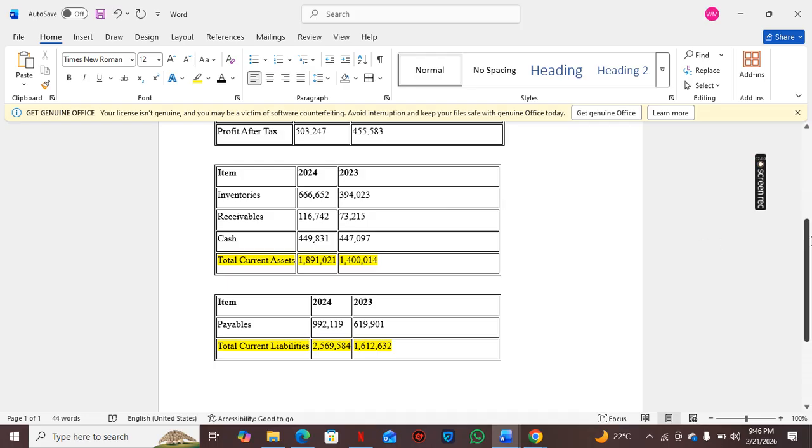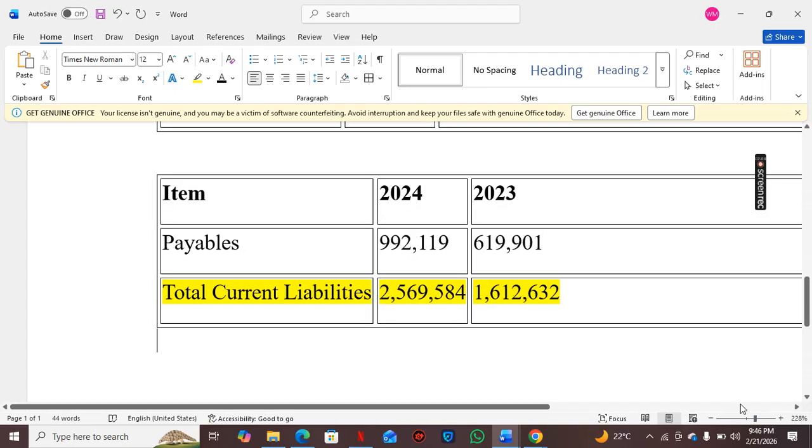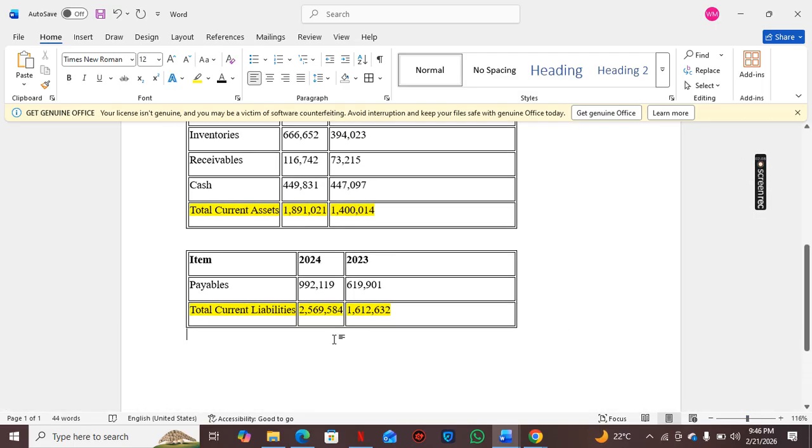So this is for Dangote Cement. For the current ratio, we're going to divide the current assets by the current liabilities. And so for 2023, we're going to see what our current ratio is. Current assets over current liabilities.